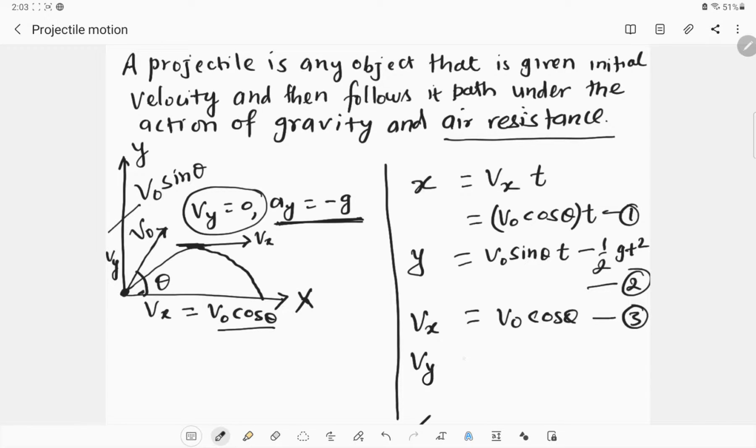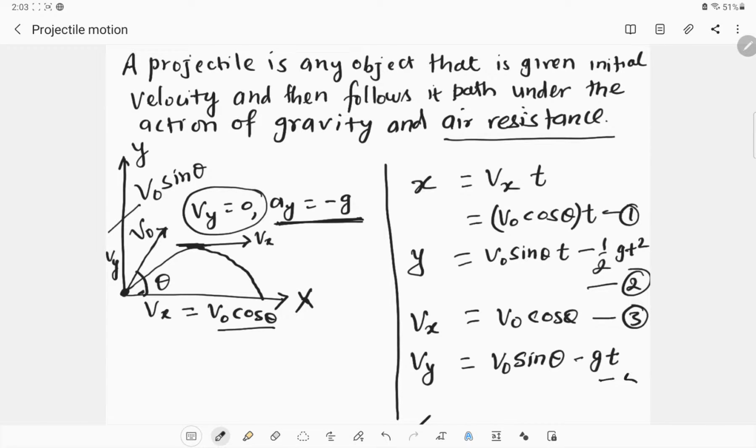The y component will change: it is v naught sin theta minus g t. It is the same as the kinematic equation v equals v naught plus a t, where a is negative g, and v naught is the initial y component of the velocity vector, which is v naught sin theta. That's how we get this relationship.